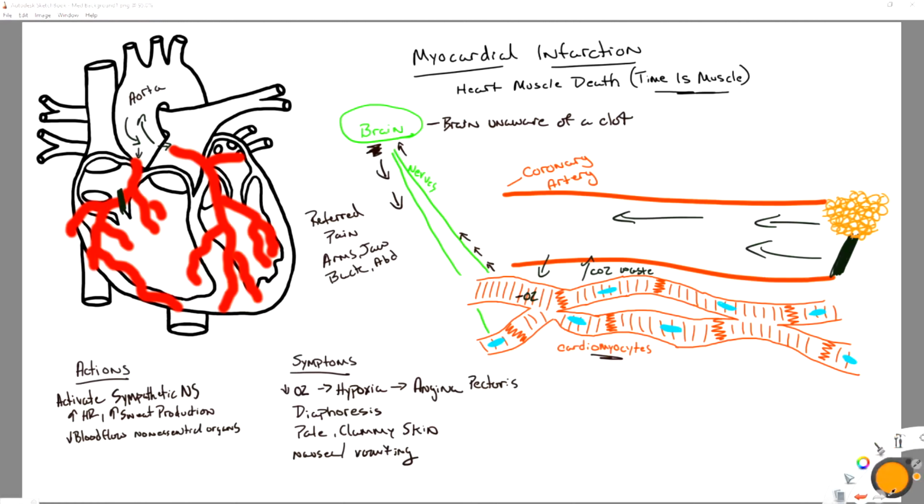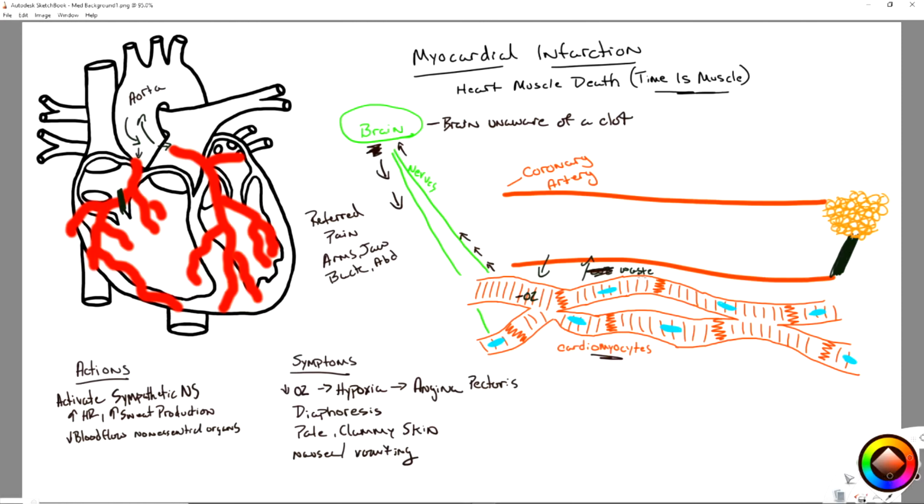And now what happens to the blood flow? Okay, now the blood flow ceases. Okay, this blood flow ceases and there's no more perfusion, right? This artery is blocked all the way down to the end of it. Okay, there is no more perfusion taking place beyond this clot.